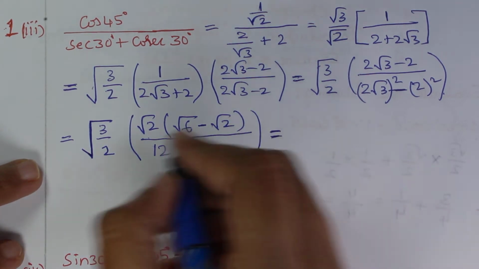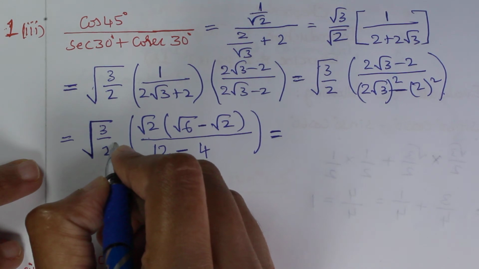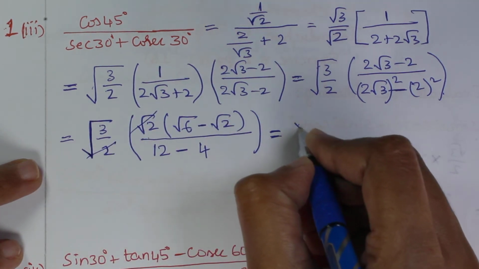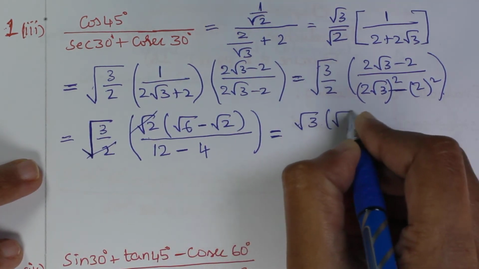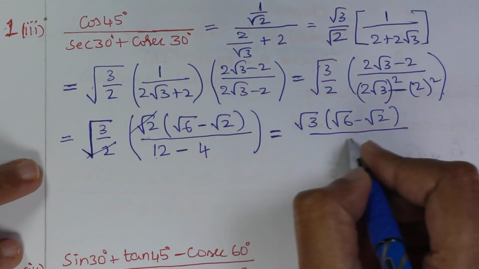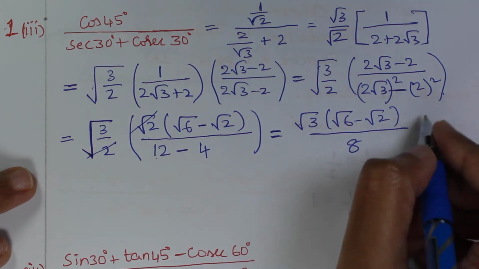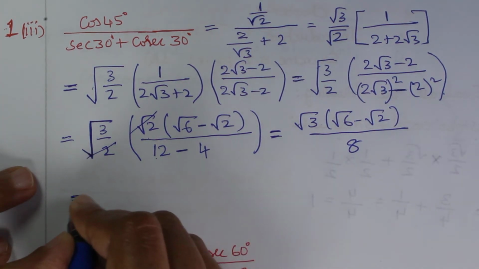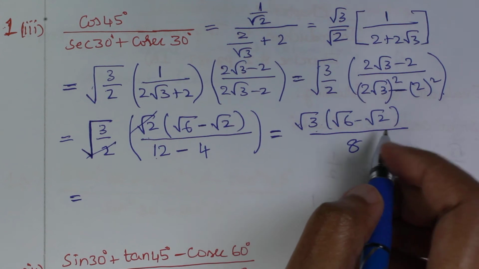Now root 2 and root 2 gets cancelled here. So root 3 into root 6 minus root 2 divided by 12 minus 4 is 8. Okay. Now this is equal to root 3 into root 6 is root 18, right?